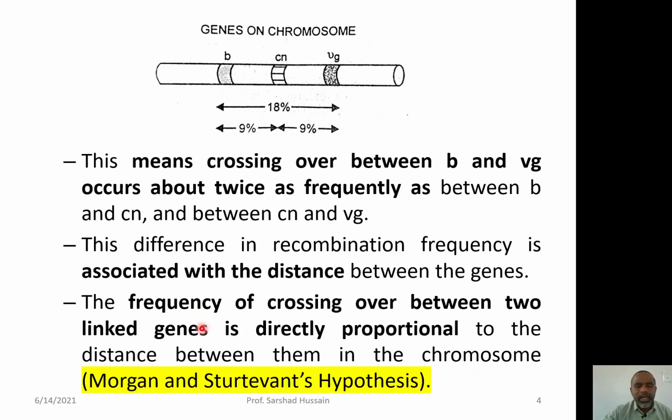Once the distance is more, the frequency of recombination is more. If the distance is less, the frequency of recombination, or you can say the frequency of crossing over, because recombination is achieved by crossing over, will be less. It is one and the same thing.